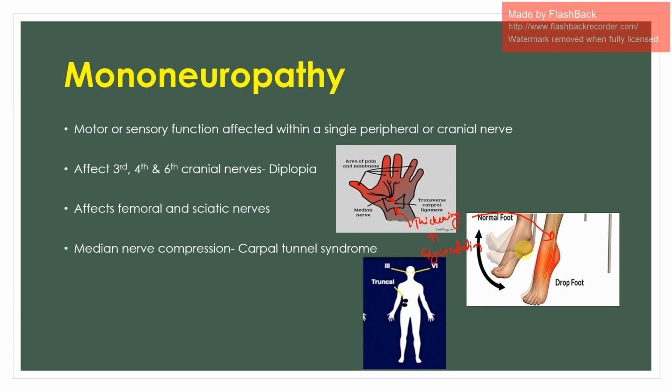So any nerve that is in a compartment, when thickened, has greater chances of getting compressed. So there is median nerve compression causing carpal tunnel syndrome. There can be foot drop due to lateral popliteal nerve compression. This is the picture of the drop foot.